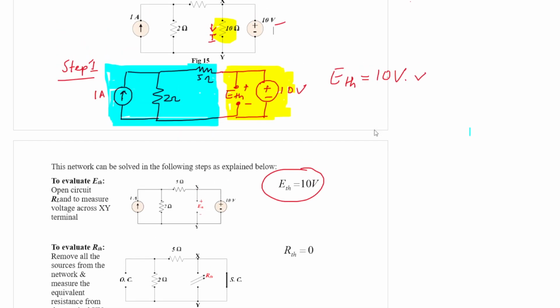So we can draw the equivalent circuit of the Thevenin equivalent resistance. Let me draw first the resistances: 5 ohm, then 2 ohm, then this is the load terminal, then we have a voltage source, then we have a current source.